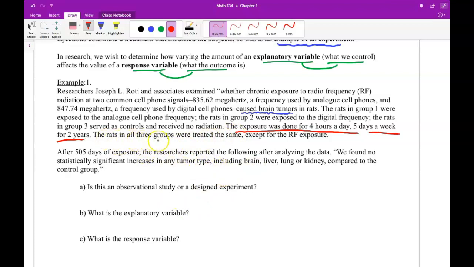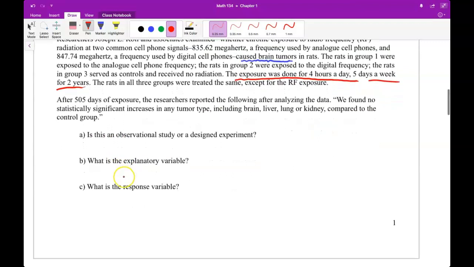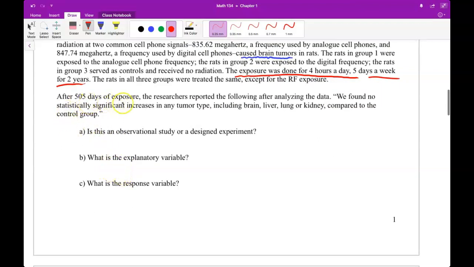The rats in all 3 groups were treated the same except for the radio frequency exposure. After 505 days of exposure, the researchers reported the following after analyzing data: we found no statistically significant increases in any tumor type, including brain, liver, lung, or kidney, compared to the control group. Okay, now based on that, I'm answering these 3 questions.